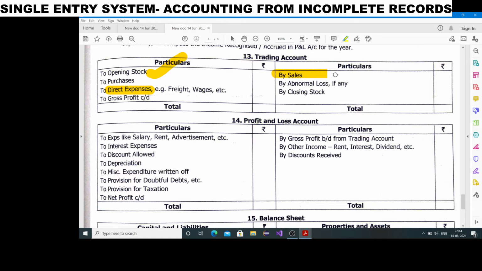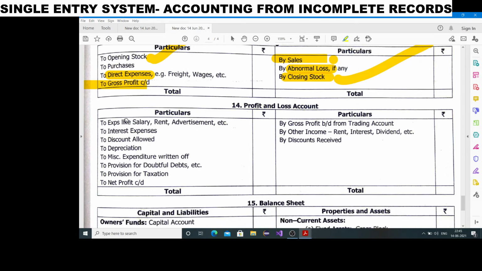If we are given sales returns in the question, we subtract them from sales and record the net sales, abnormal loss if any, and then all the indirect expenses are recorded here, and indirect income is recorded here.